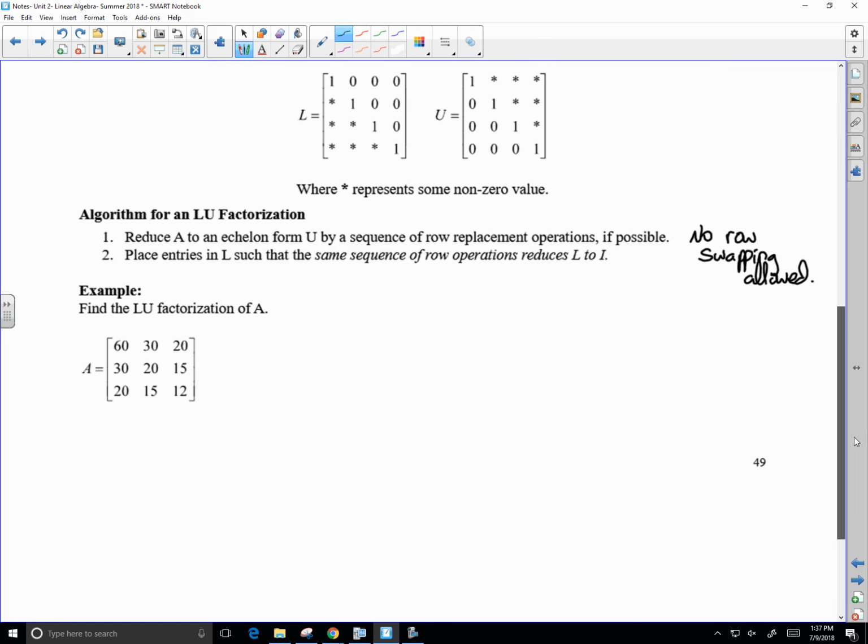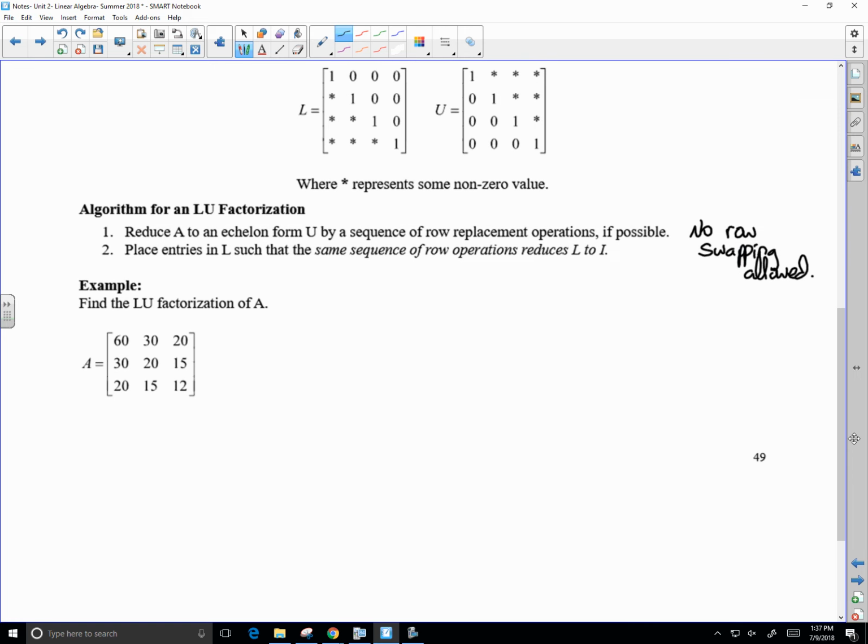U needs to be in the form of an upper triangular matrix. The stars represent anything that's a non-zero value, so basically all zeros below the main diagonal. That's why I'm saying reduce A to an echelon form U.